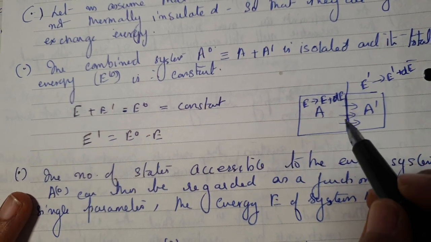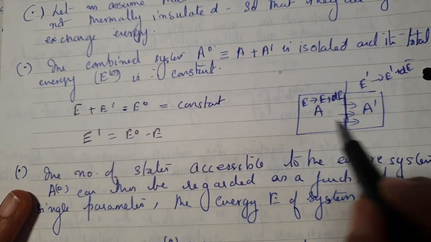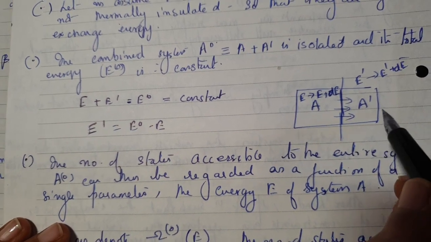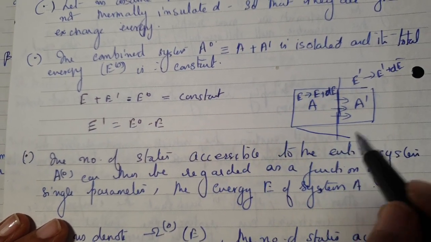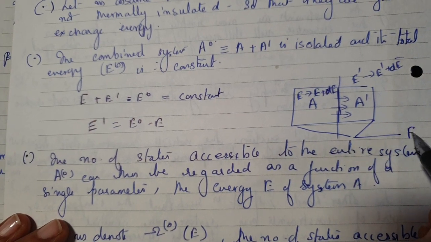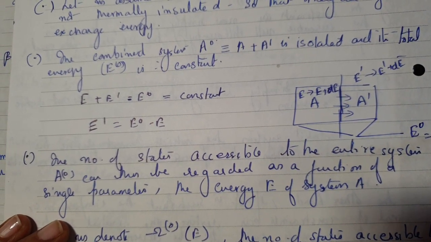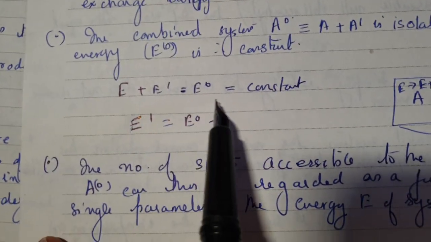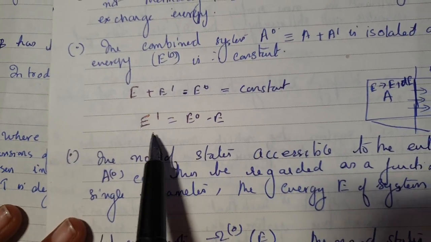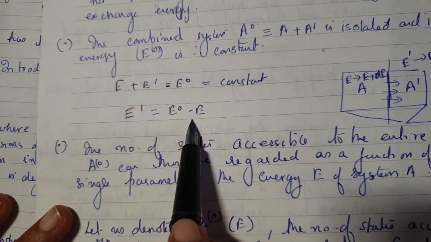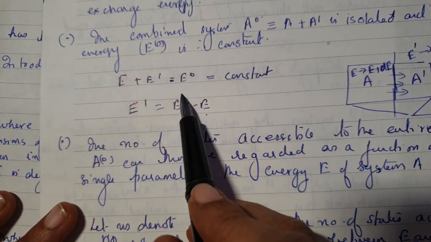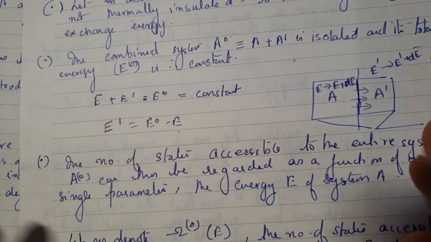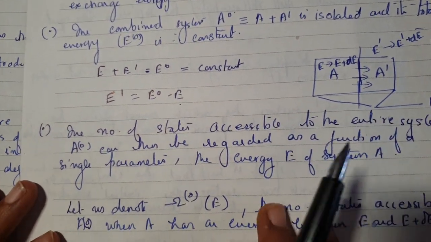This is their partition. They can exchange energy, but what remains constant is the total energy, E naught. If E plus E dash is equal to E naught, then E dash is equal to E naught minus E, because the total energy E naught will never change. This whole system is isolated from the remaining universe.